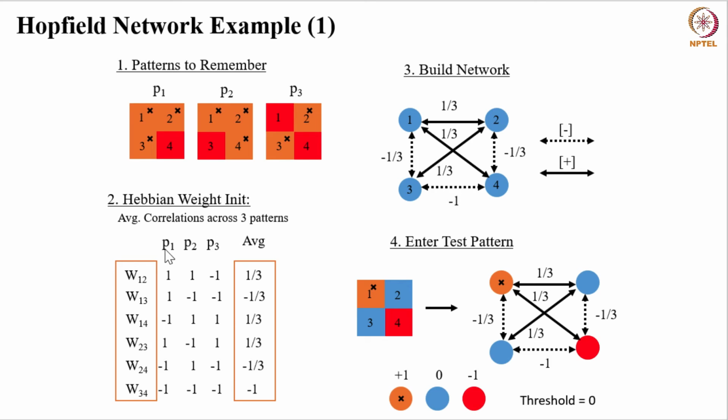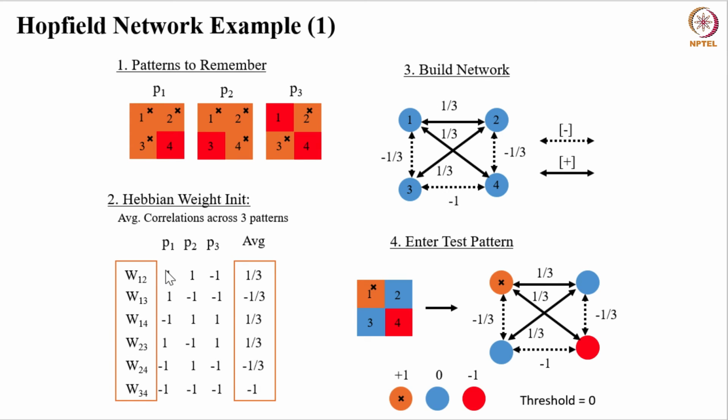So if you look here for P1 in the column below, you can see that if you compare state 1 with state 2, it's the same, so it's a positive correlation, so you get a 1. If you compare it with element 3, it's also positive, but if you compare it with element 4, it's the opposite, so therefore it's negative.